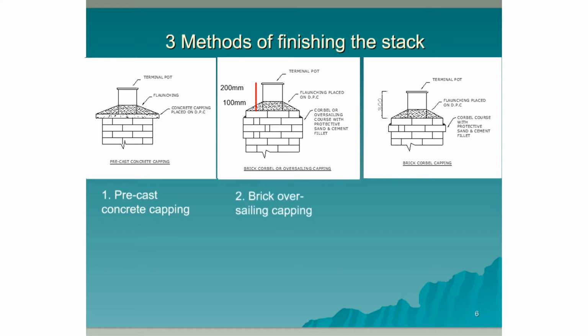The second one there is brick oversailing capping. So we have 3 oversailing courses with flanging then on top of that. The third one is a brick corbel capping, so we just have 1 course of bricks corbelled out, and we have flanging on the top of that.